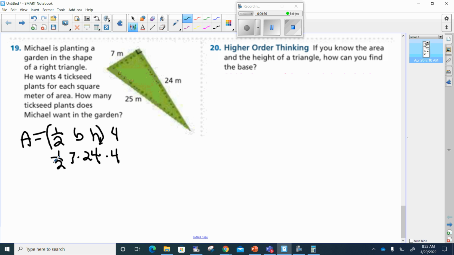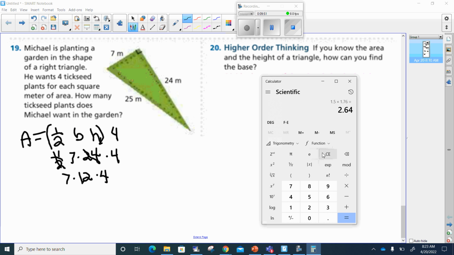All right, well, I could take 1/2 of 24, and that's going to be 12. So now I have 7 times 12 times 4. I'm going to pop these in my calculator just to give myself a little break in math here. 7 times 12 times 4 is equal to 336.